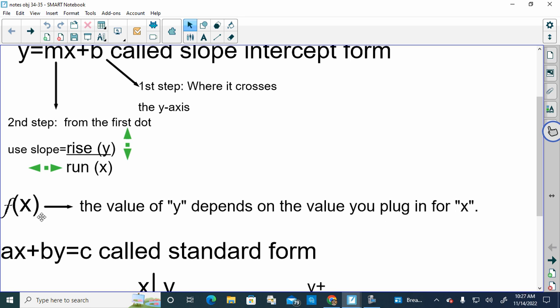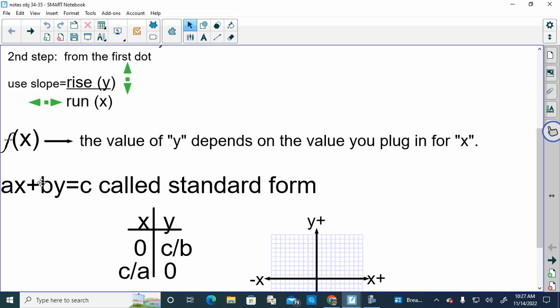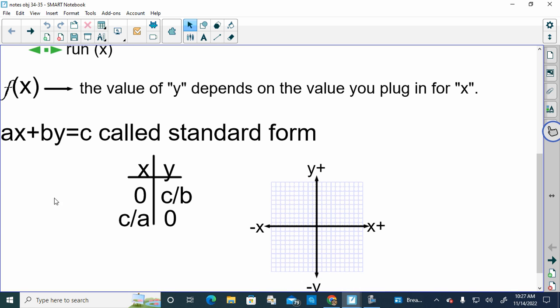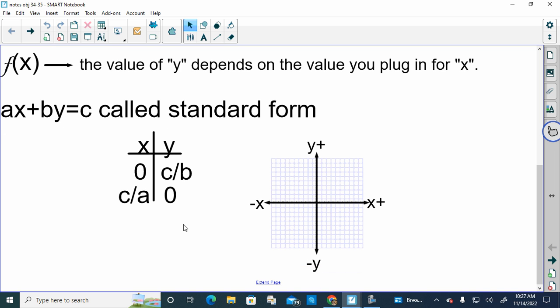Now, where this really plays in is if you leave it in standard form. So standard form has the x and the y together on one side, and then a number that doesn't have a variable attached to it on the right side of the equal sign. Again, you can rewrite them if you don't like working with this one. But when we do these, we're plugging in values for x and then solving for y.